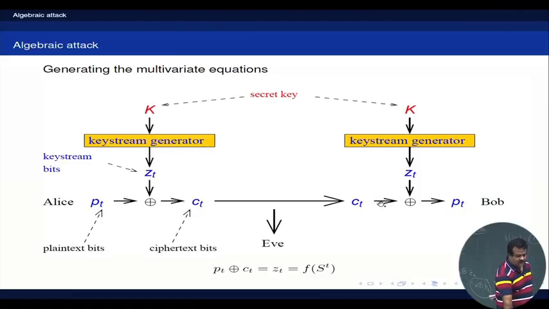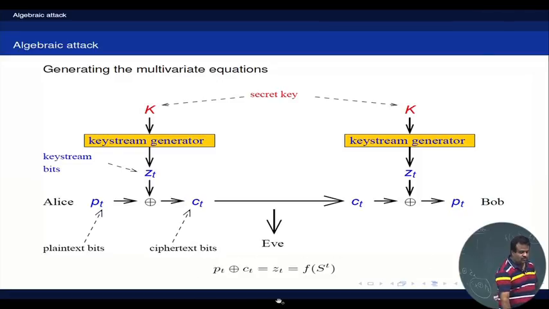Upon receiving this ciphertext, Bob does the decryption like this. Bob also has the same pseudo random bit generator, puts the secret key as the initial state, runs the same thing, and then XORs the ciphertext with this key stream bit and gets the plaintext back.